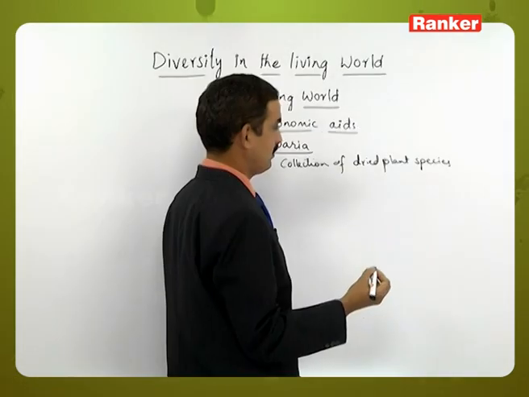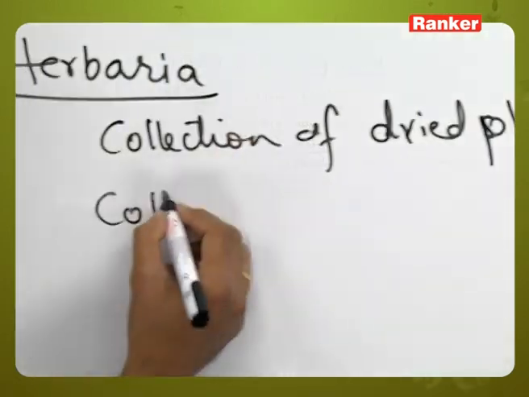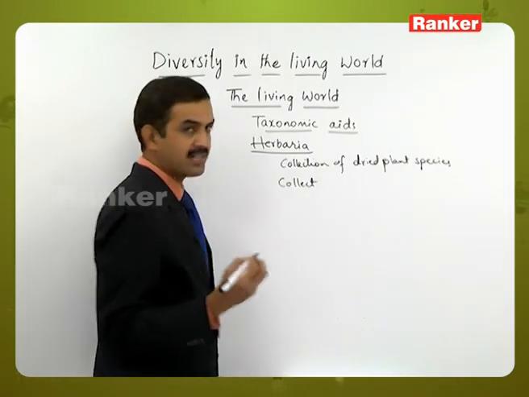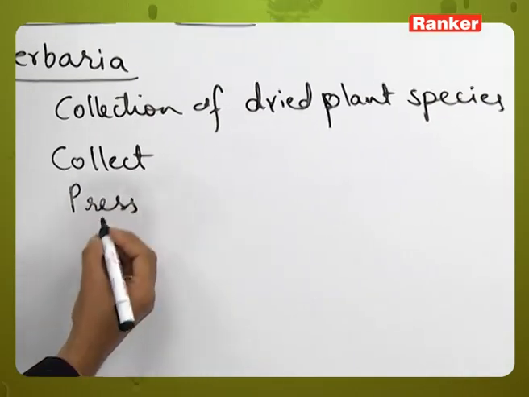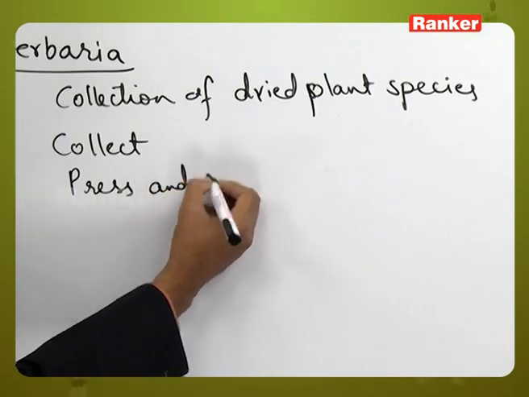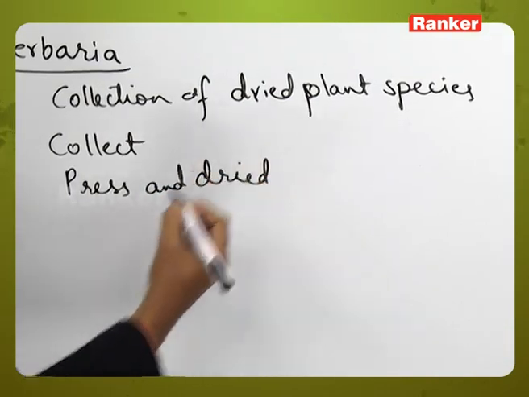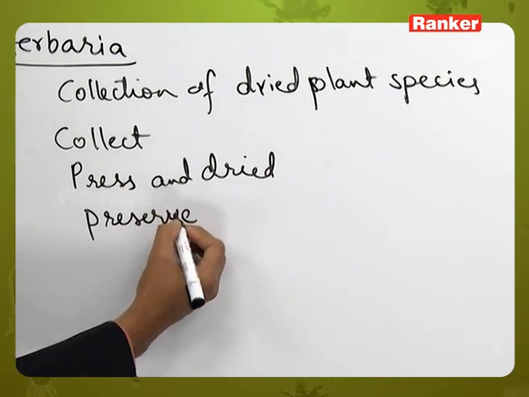For this purpose, first we collect the plant species and after collecting we press them. When we press, the plants become dry. Once they have been dried, they are preserved for future usage.